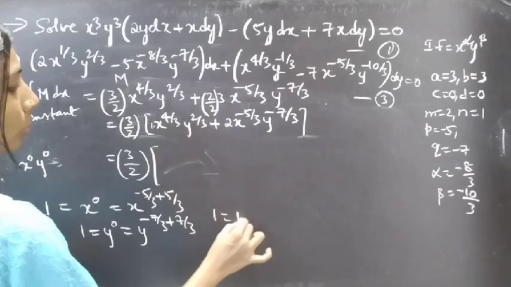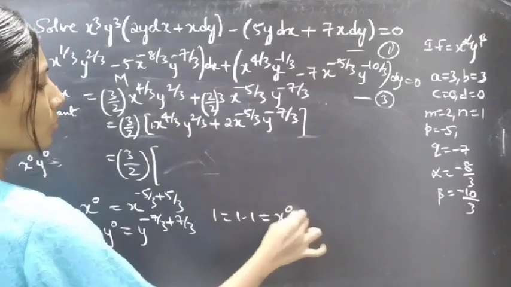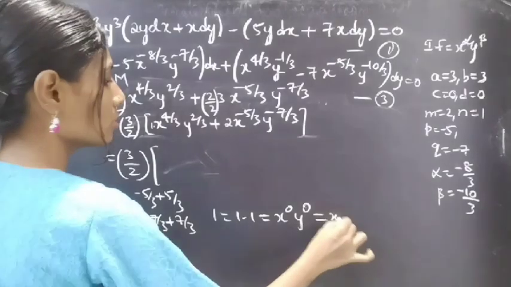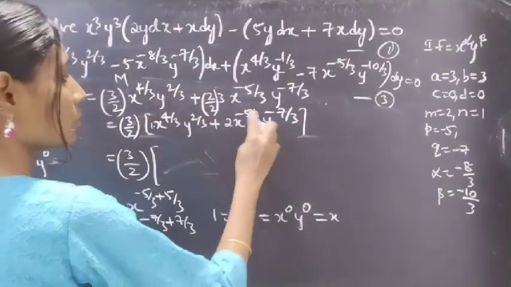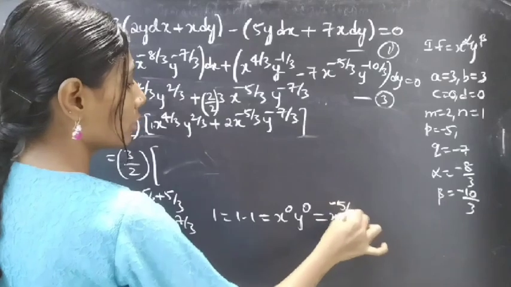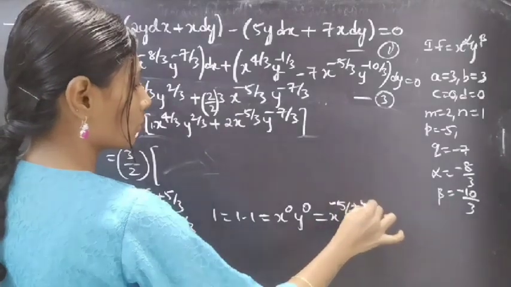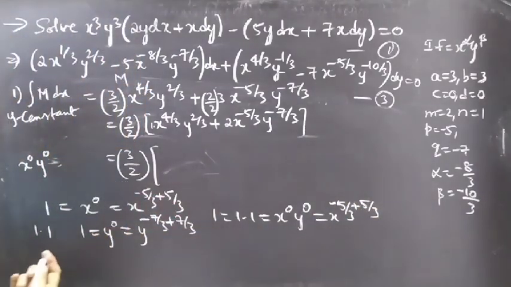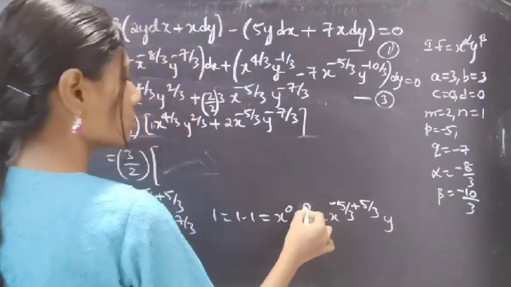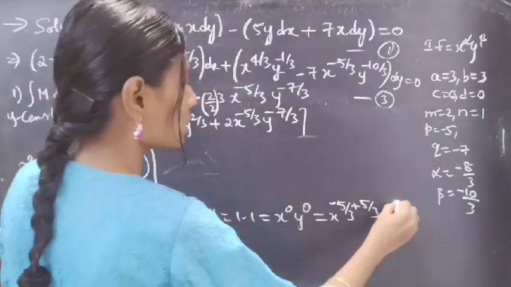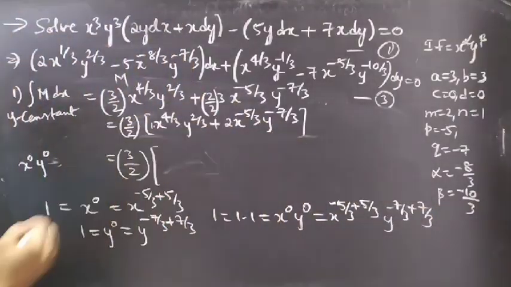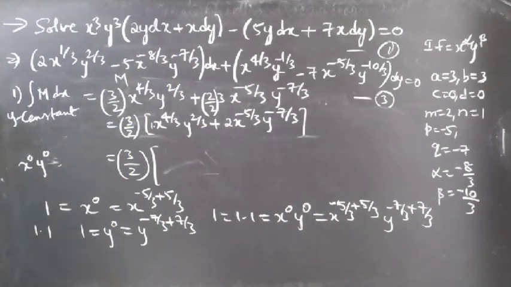Okay, since 1 equals 1 into 1, x power 0 into y power 0, the 0 in x power can be written as, since we need x power minus 5 by 3, minus 5 by 3 plus 5 by 3, and in y to the power, the 0 can be written as minus 7 by 3 plus 7 by 3, since you need y power minus 7 by 3.